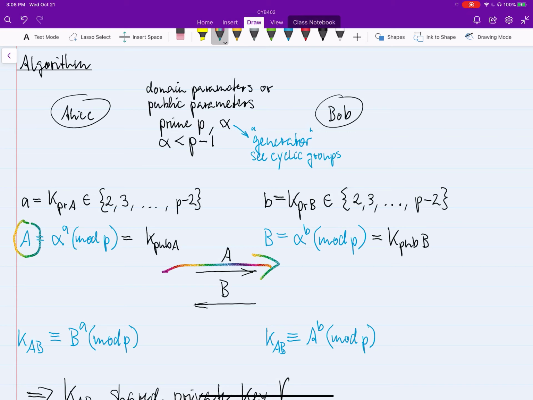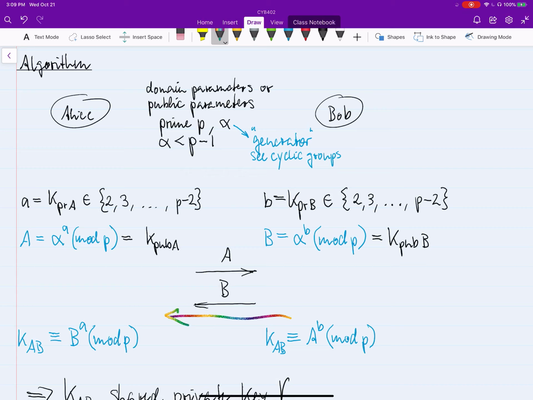And Bob, in that respect, is totally symmetric. Bob computes alpha to the power of b modulo p, which leads to another public key, which we call capital letter B. Now B is sent over to Alice.